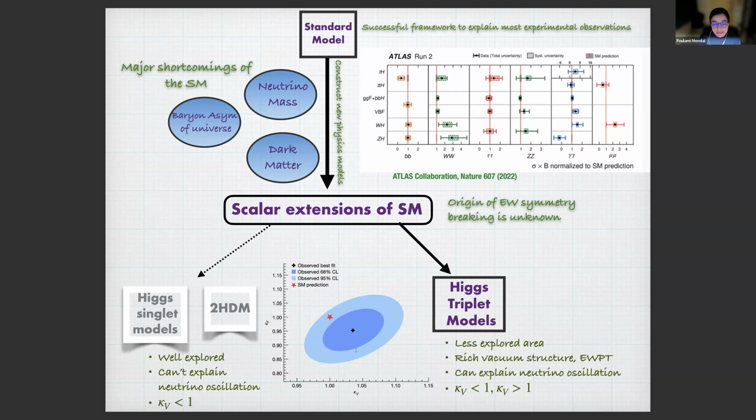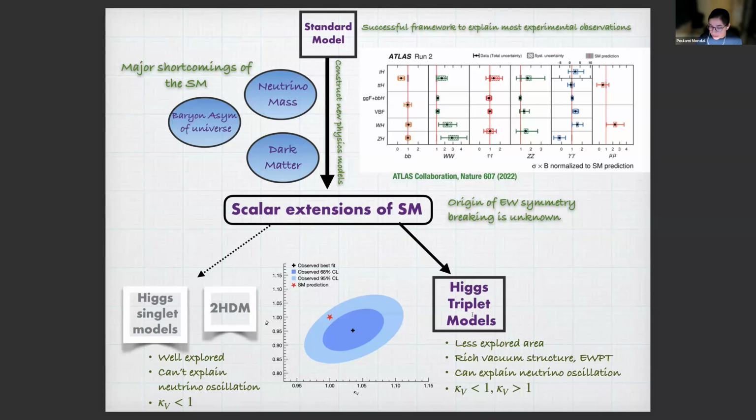And interestingly, this ATLAS plot, the same plot from the Nature 2022 publication, shows that the kappa V is out of the 1 sigma boundary of the standard model prediction. So this gives us the motivation to look into models which can give kappa V greater than 1.